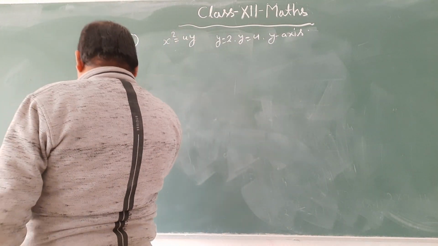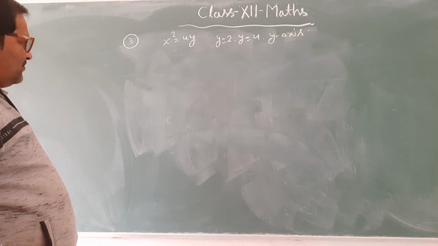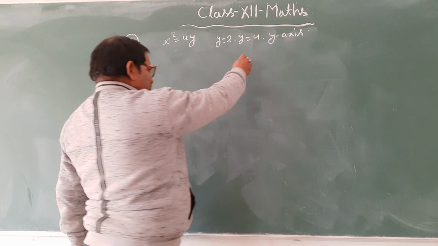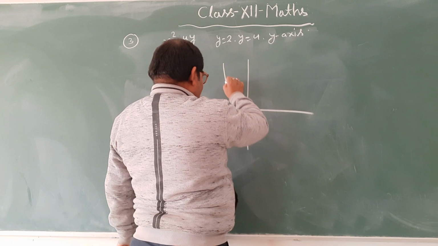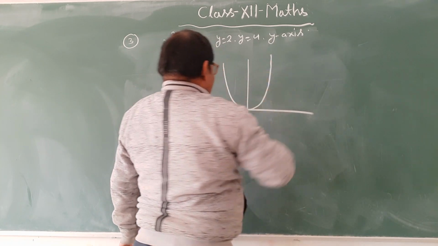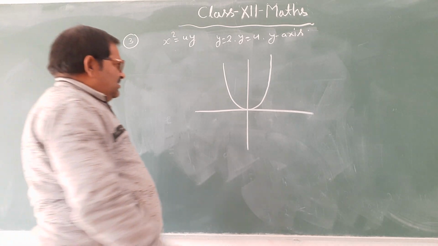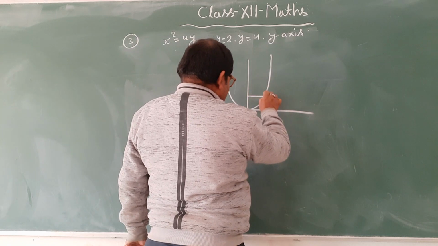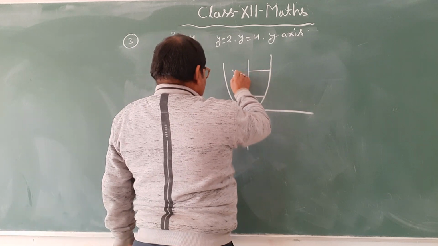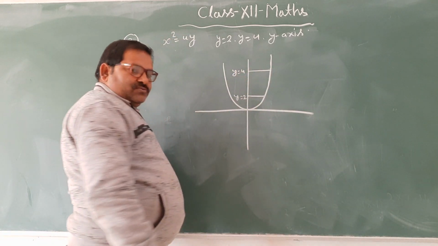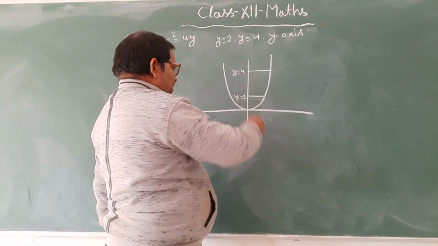The given function x square equal to 4y is a parabola along the y axis, and y is equal to 2 and y equal to 4, and the y axis.